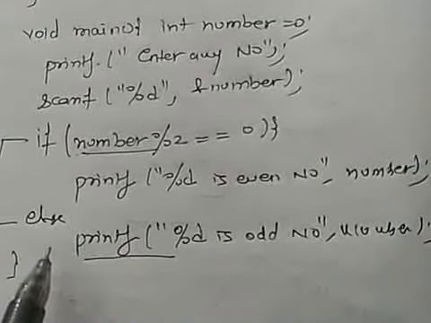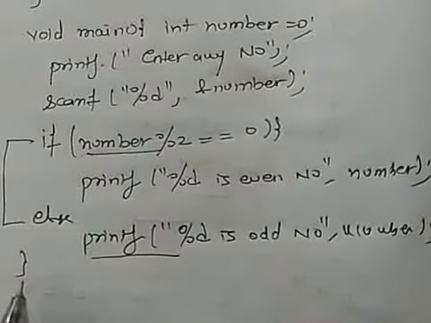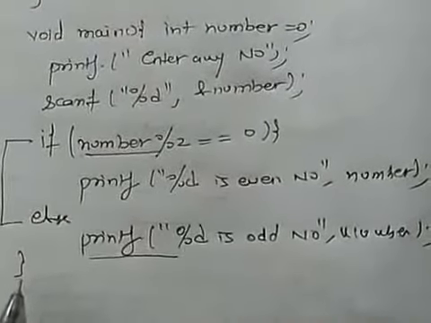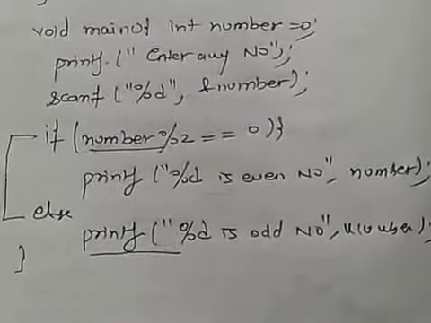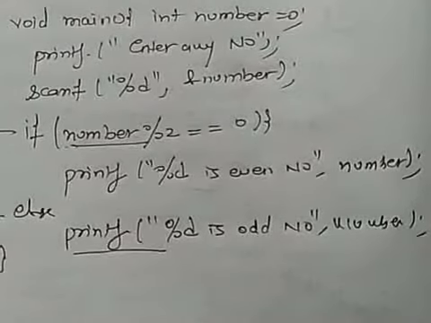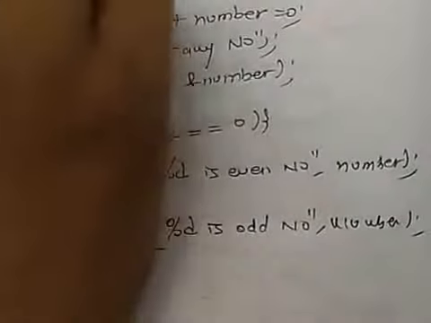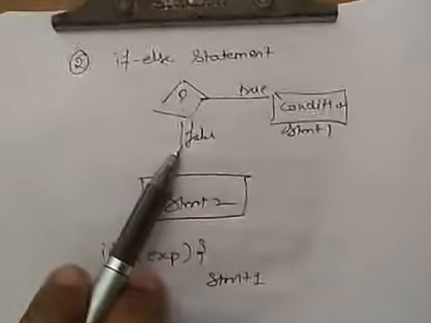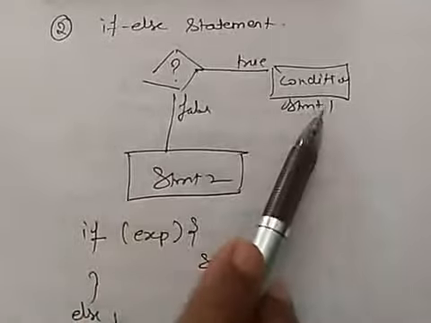Now we have another variant of the if-else statement, that is known as the if-else ladder. In this, the various statements are linked together. Now as the flowchart is given here, we have seen if the condition is true, statement 1 is executed.